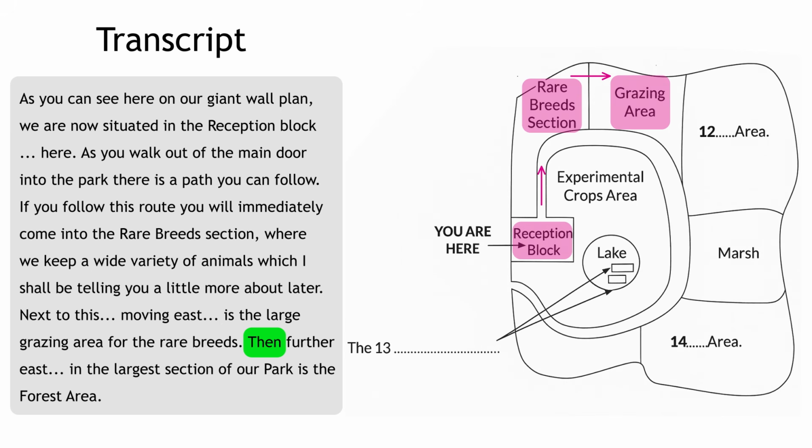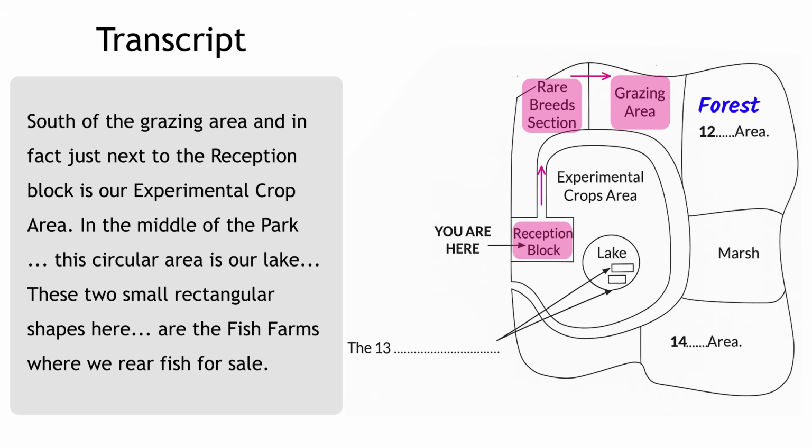The forest area. So we definitely know that for question number 12, we should write forest area. Make sure to write it correctly. The spelling should be correct: F-O-R-E-S-T, forest area. Now, we have answered number 12.